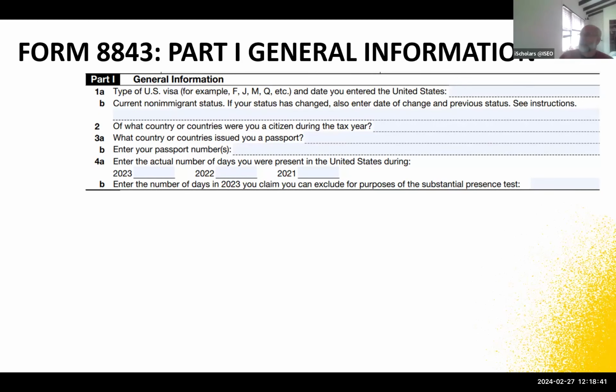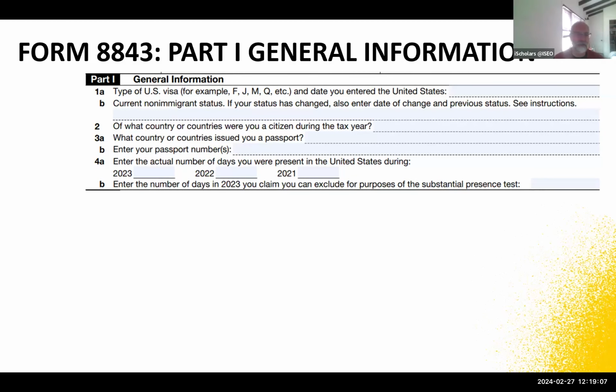Here they want to know the type of US visa. And as you're probably getting familiar with, often visa and non-immigrant status is used interchangeably. I like to distinguish a visa stamp and a passport from your non-immigrant classification in which you were admitted to the United States.